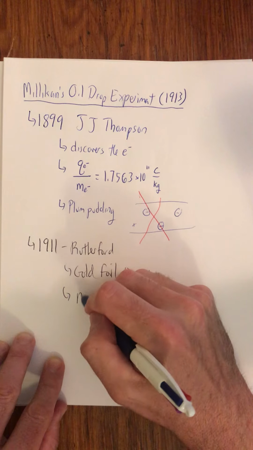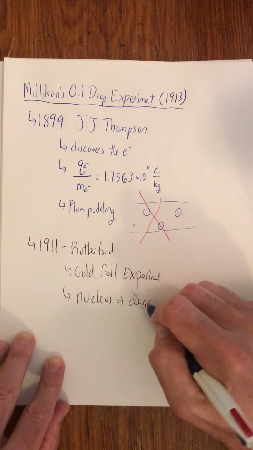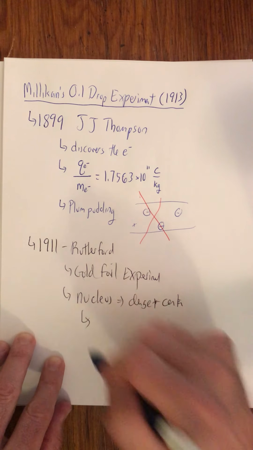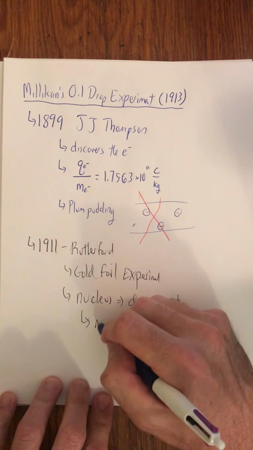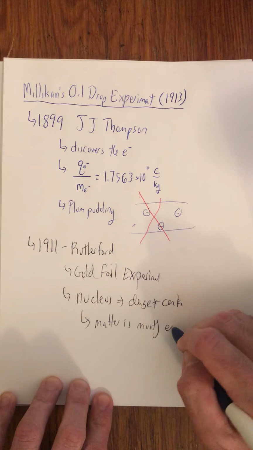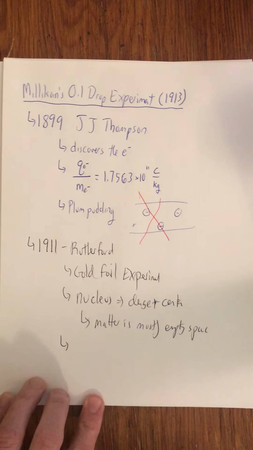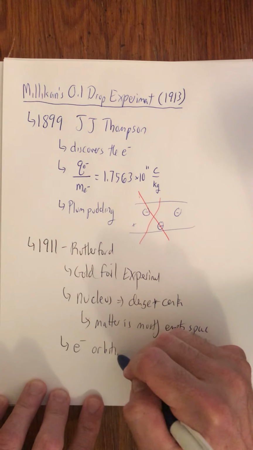But remember, the nucleus is found, the dense positive center of mass, and something that we're able to see with the nucleus is that matter is mostly empty space. And Rutherford didn't know what to do with the electrons, but he knew that matter was neutral, so he just had the electrons orbiting, right?